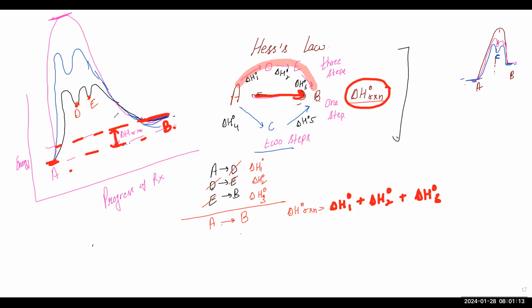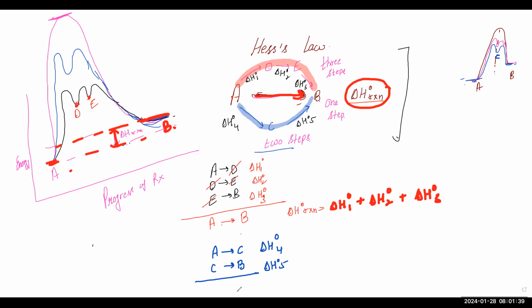2 steps is this one, this one. Let's write down the equations. It is A to C and C to B. Delta H naught 4, delta H naught 5.